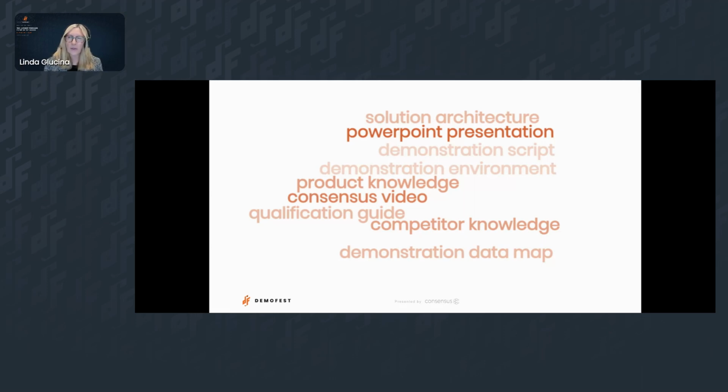So Loopio is used not just by us to respond to RFX responses, but also our security team is using it to manage their security and governance material. So there's a lot of IP and best practice sitting in our team.